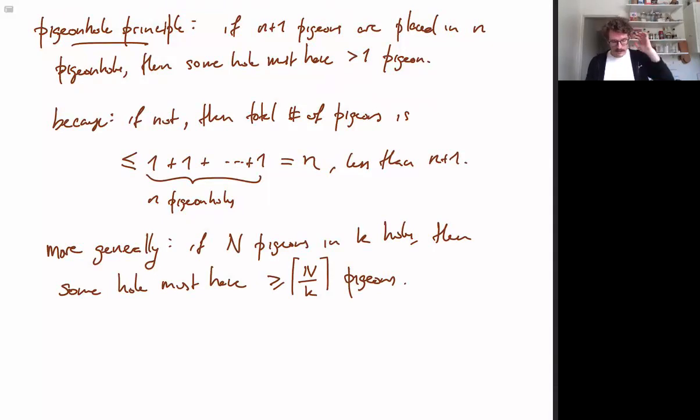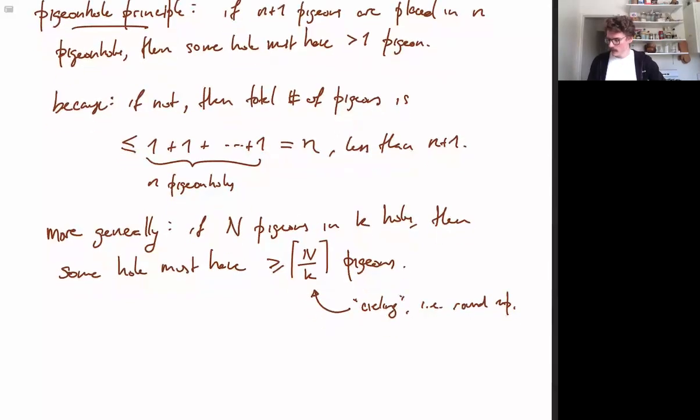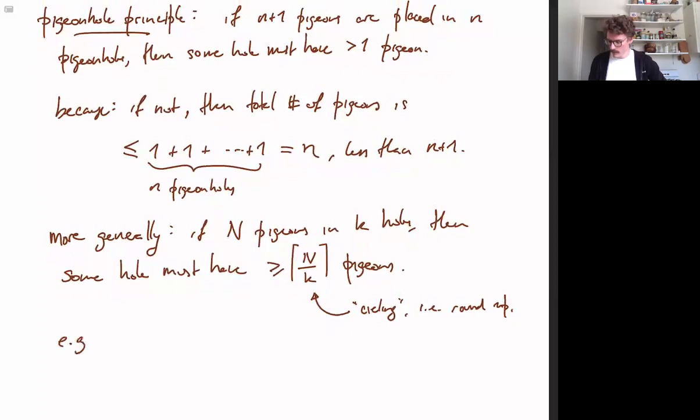So let's delve into this a little bit. First of all, if this top side bracket notation is unfamiliar, this means ceiling, which just means round up. So for example, n plus 1 over n is some number that is slightly bigger than 1.